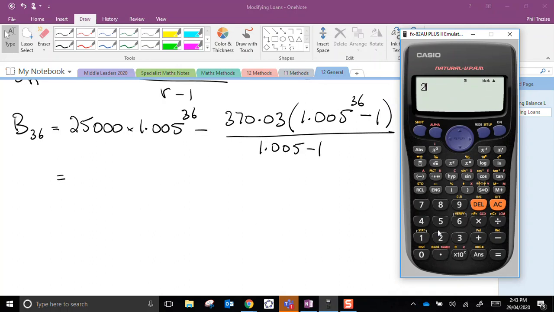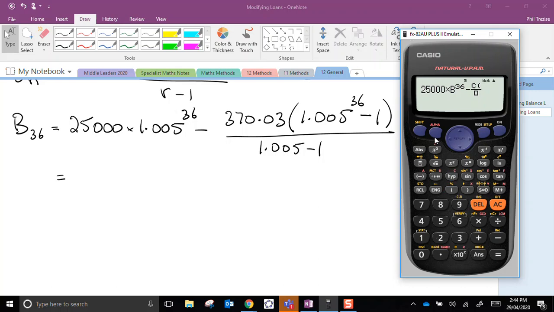Now let's do the calculation. 25,000 multiplied by, now remember this number 1.005 was stored in memory B, and because I'm typing it in a big formula I need to go alpha and then that key to just get the B there, to the power of 36, minus, now I'll make a fraction, the repayment amount was stored in memory C. Open a bracket.